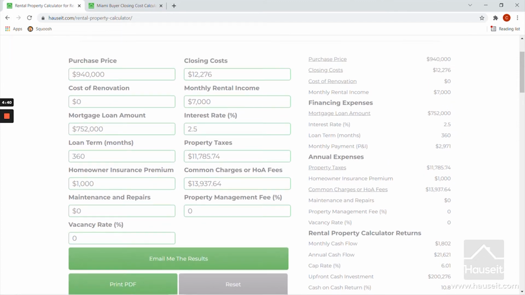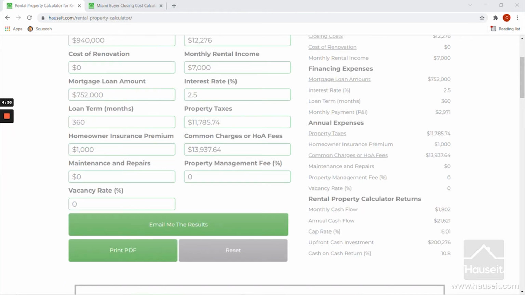So 7,000 times 12 is 84,000, less your operating expenses of property taxes, condo common charges, insurance, and then also less your principal and interest payments. So 12 times 2,971. Keep in mind, this also includes principal, so the loan principal that you're paying down. So this is purely just a cash flow metric, and it's saying that after all of these expenses, you're getting this monthly cash flow and this annual cash flow.